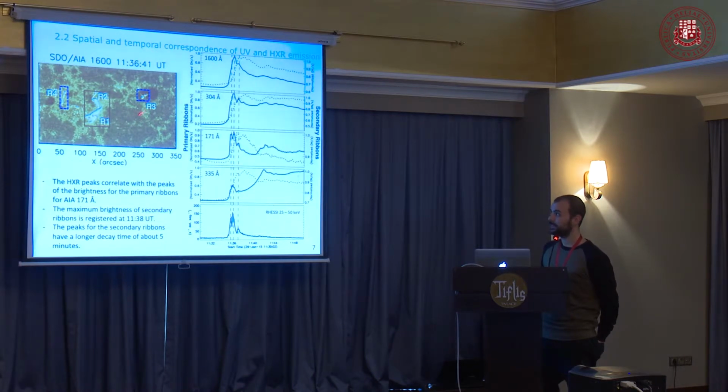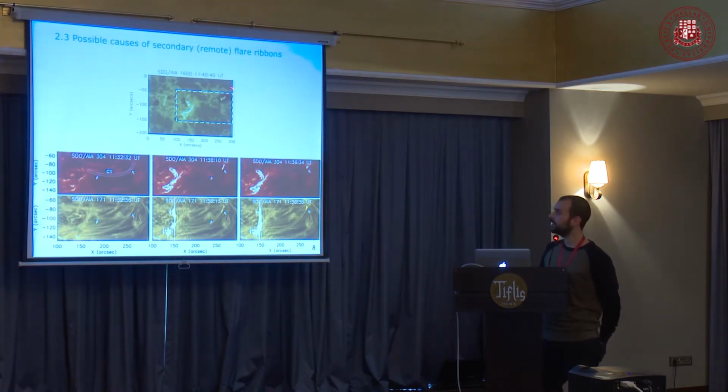This doesn't happen with the secondary ribbons, in which the maximum intensity is reached 1 minute after the third hard X-ray burst. There's also a faster decay for the primary ribbons than for the secondary ribbons. In the secondary ribbons, we observe a cooling time of about 5 minutes, and that made us think that maybe there's another process involved in the formation of the secondary ribbons.